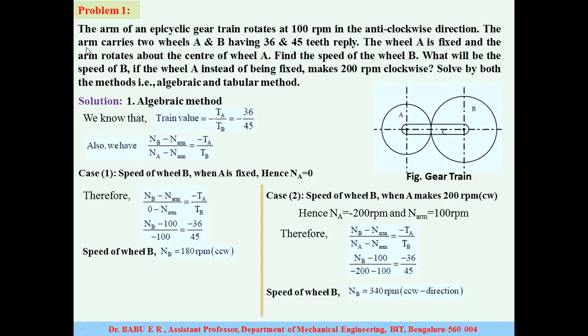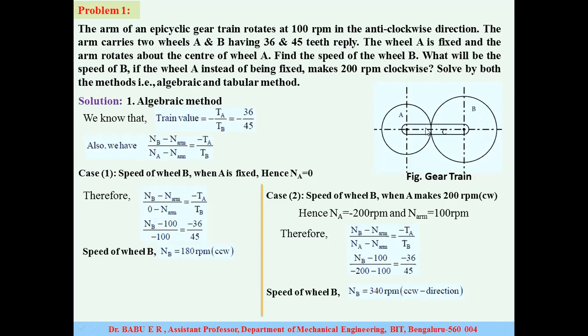This arm carries two wheels, A and B, having 36 and 45 teeth respectively. So here how many gears are there? Only two gears, A and B, with an arm.